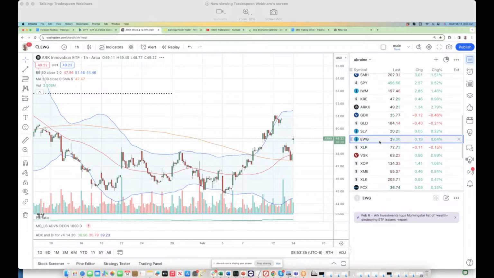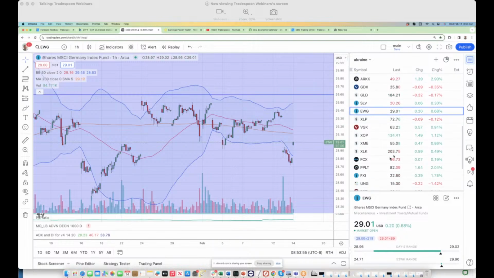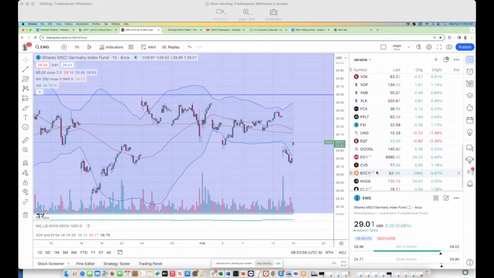Germany rebounded, better than expected industrial production, better than expected inflation from the UK, right? So we do have movement in Europe, up 1%. I mean, above yesterday's session high, but still facing a lot of overhead resistance at 29. Copper weak rebound, platinum, Google weak rebound, Bitcoin 52.